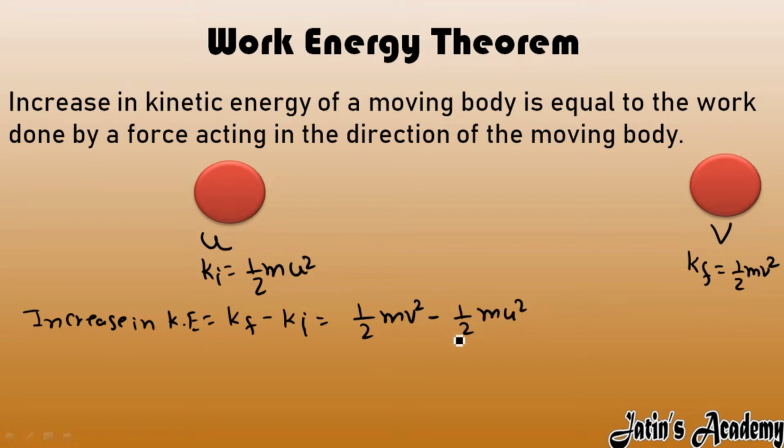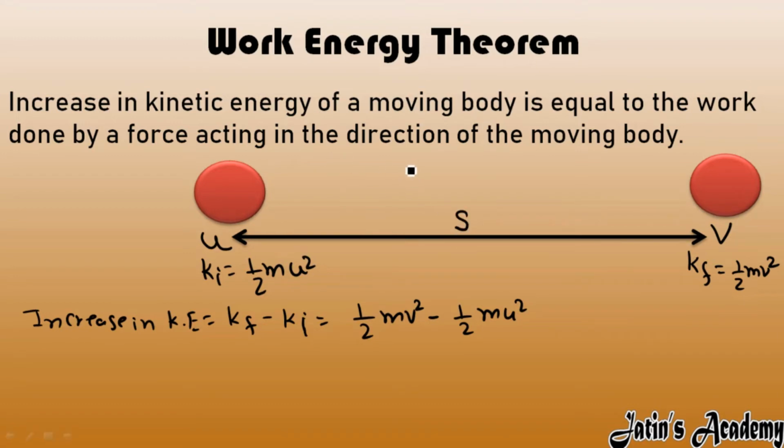Now let's calculate the work done in this case. Here we are applying some force which moves a body to cover some displacement s, by producing an acceleration a. The force applied is mass into acceleration. So the work done in this case is force into displacement, where force is mass into acceleration, and the displacement is s.